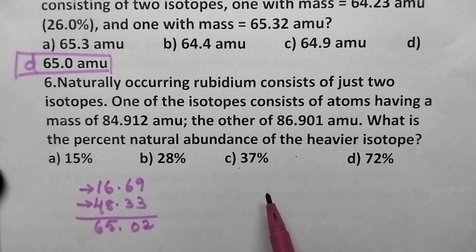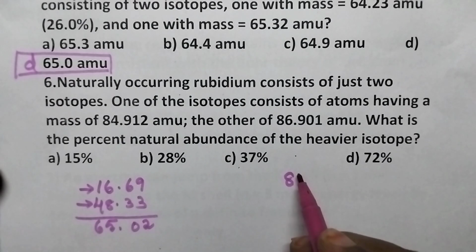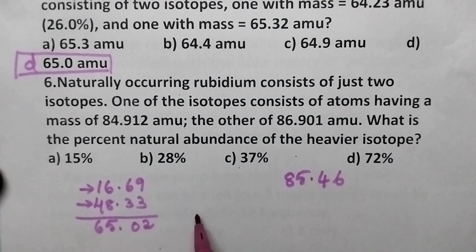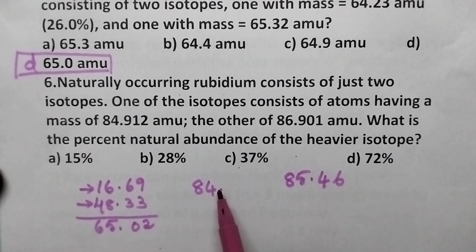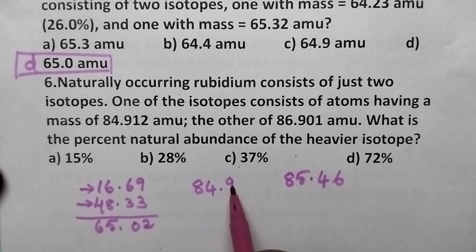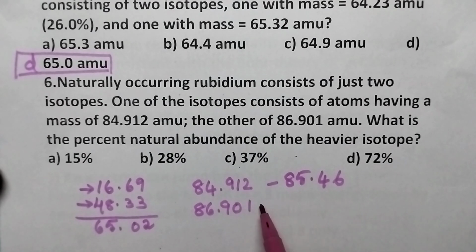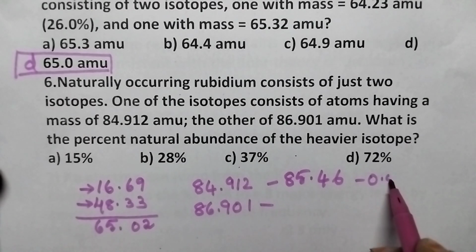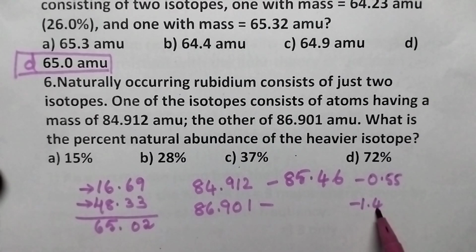So actually the atomic weight of rubidium is 85.46. Here two isotopes are available, one having the mass 84.912 and the other having 86.901. When we calculate the differences, it becomes 0.55, and for the other isotope it is 1.44.